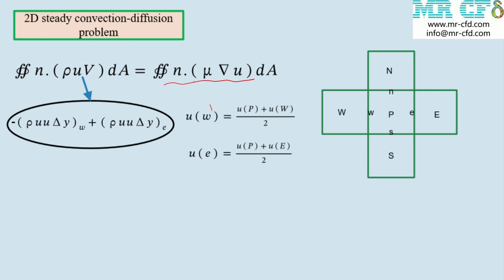So for discretizing the second term on the right-hand side, mu is constant and comes out of the integral. And also, the gradient of u can be split into terms of the first derivative of u with respect to x in the i direction and the first derivative of u with respect to y in the j direction.